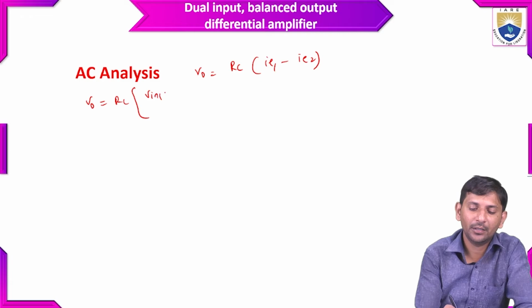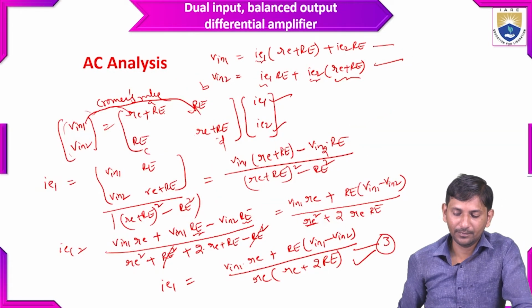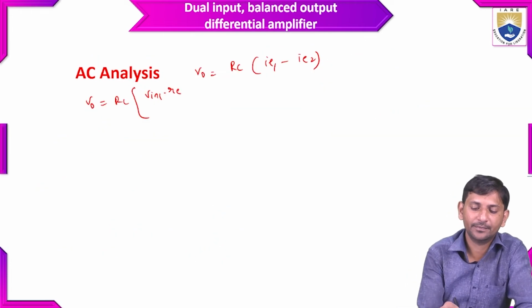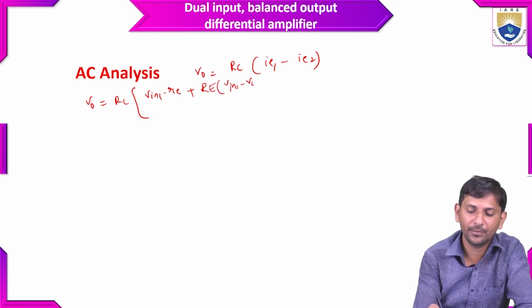V in 1 into RE plus V into RE into V in 1 minus V into whole divided by RE of RE plus RE.